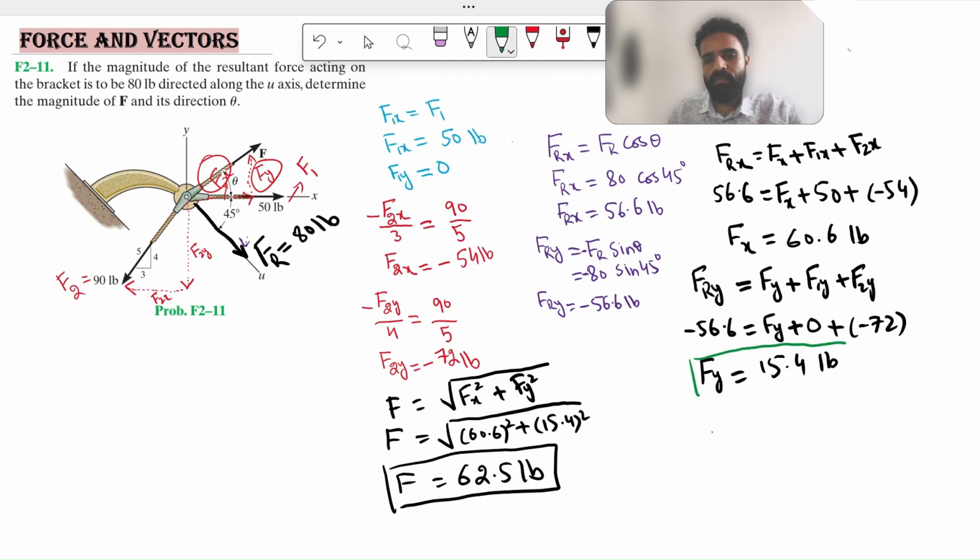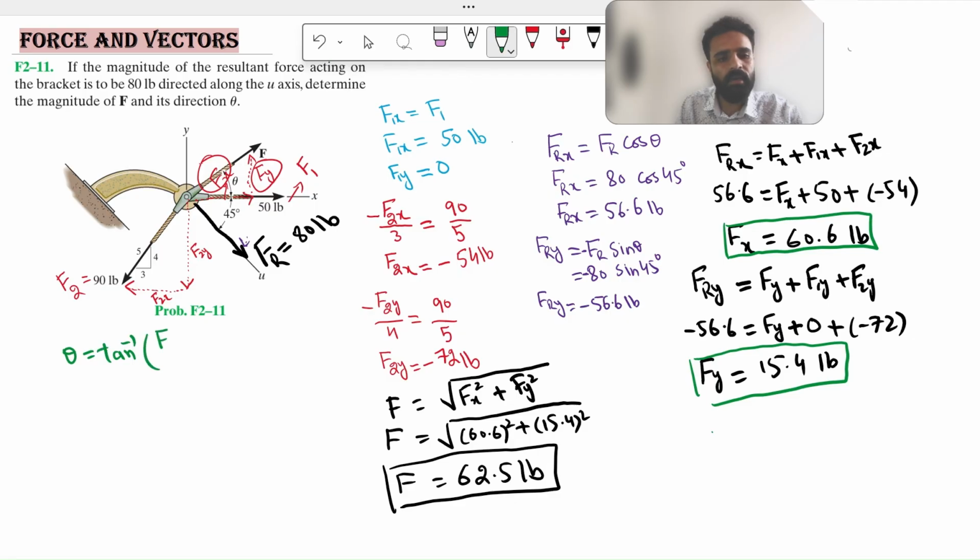We found the horizontal and vertical components of the unknown F force, and we also found its magnitude. What we need to find now is theta. For theta, I will be applying the trigonometric ratio. This formula: theta will be equal to tan inverse of Fy divided by Fx. I'll be putting the values of Fy and Fx.